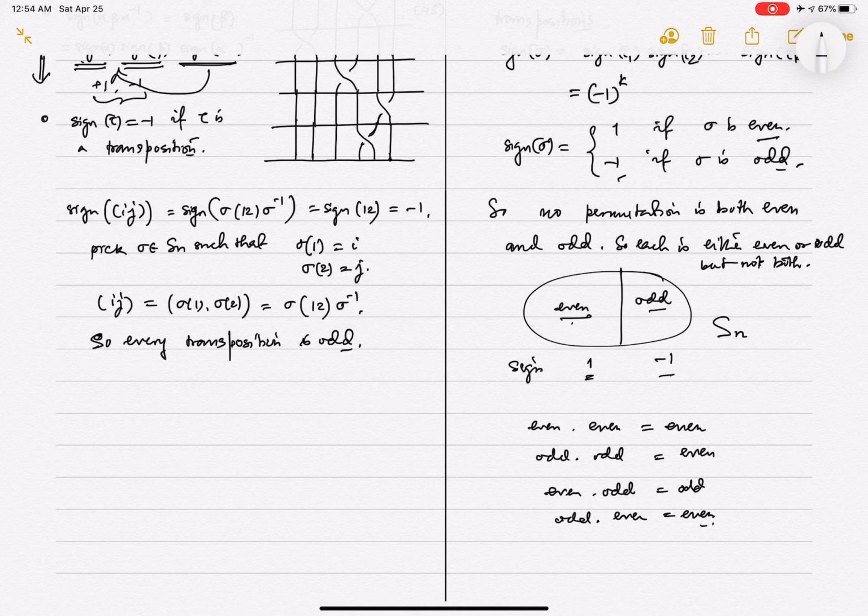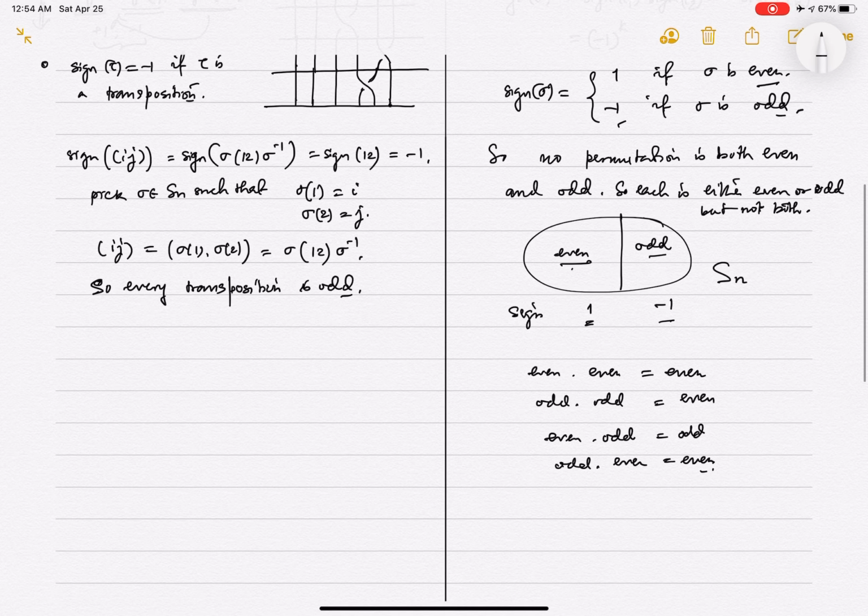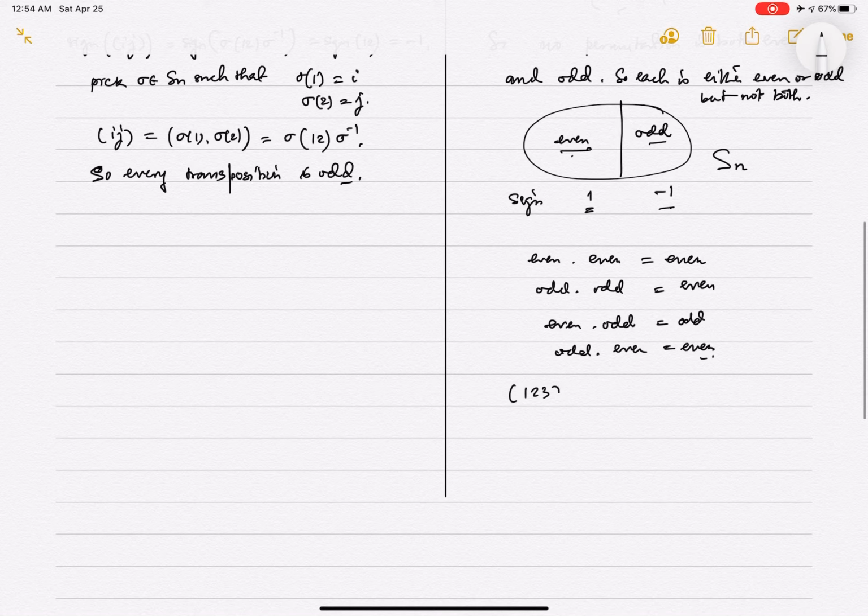And then the transpositions are odd. You can figure out which cycles are even and which are odd. So like if you take this cycle or that cycle, these are even, but that cycle is odd. You can figure all these things out rather easily.